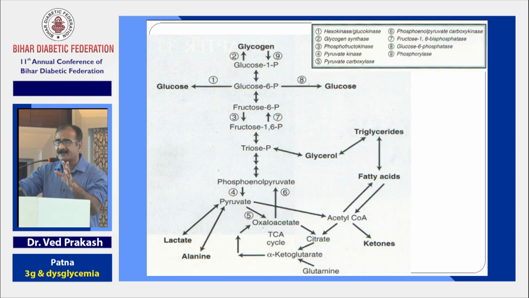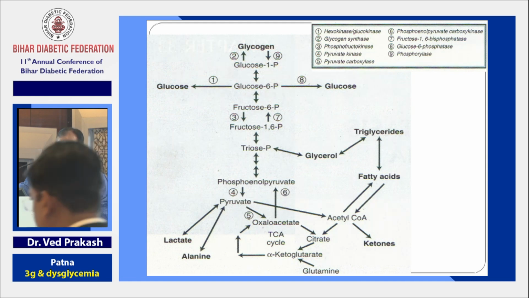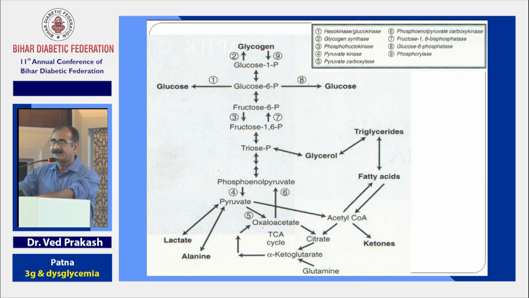Basic glucose metabolism starts from glycogen. After glycogenolysis, it converts to glucose 1-phosphate, glucose 6-phosphate, and glucose enters the glycolytic cycle. After glycolysis, triose phosphate is formed, which converts into phosphoenolpyruvate. This goes to the TCA cycle or citric acid cycle, and acetyl-CoA, which is formed at the end of glycolysis, is the main source for ketogenesis.